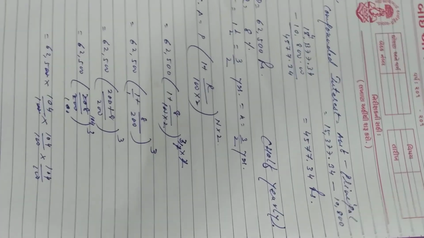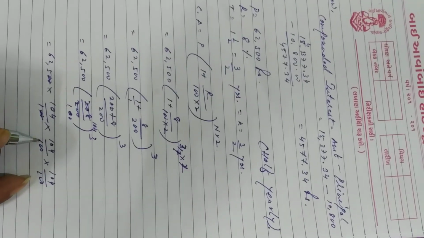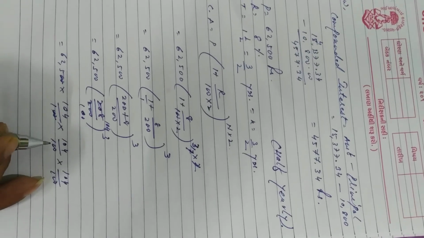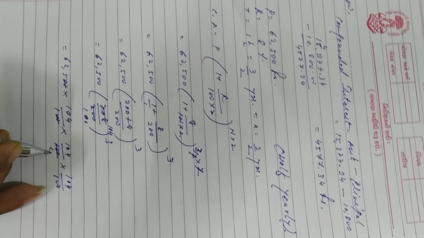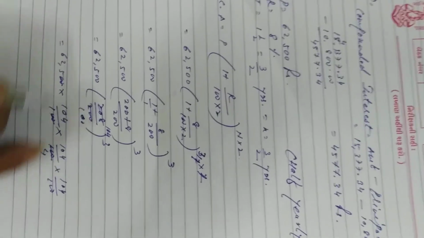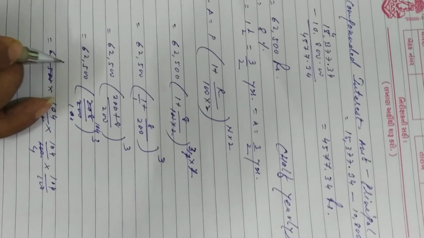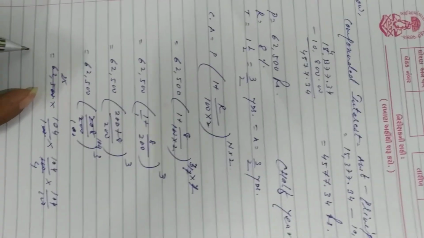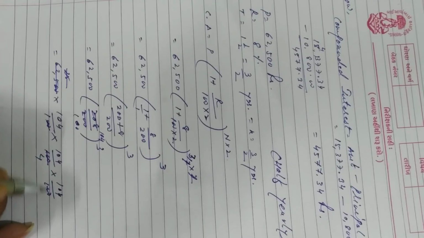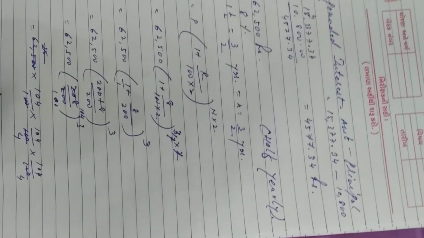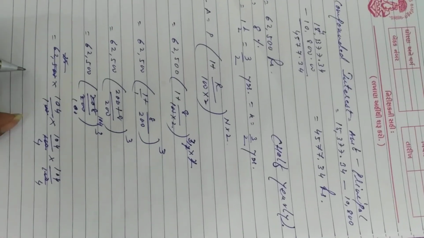Now 625: 25 fours are 100, right? And 25 into 25 is 625.